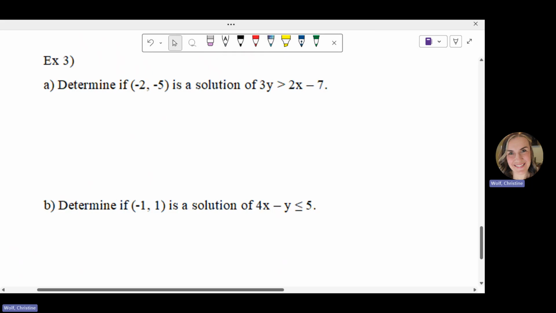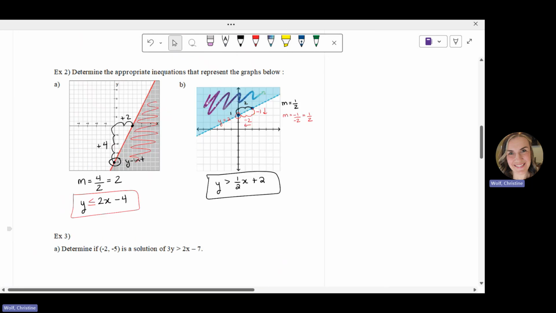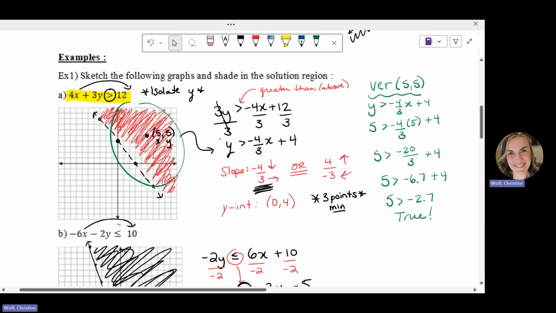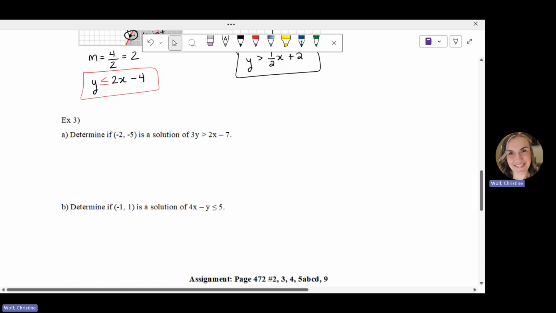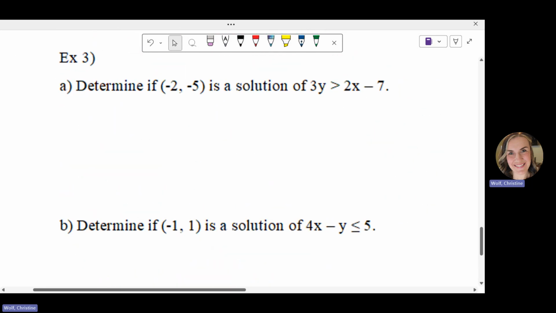No graphs right now. Okay, so the very first example I showed you, we talked about how this point I tested was part of the solution region, and we proved it right here, right? So what I'm asking you down here is, is negative 2, negative 5 a solution to this guy?